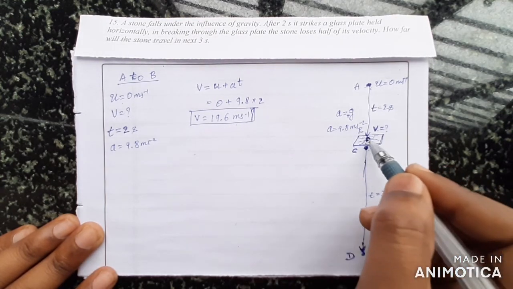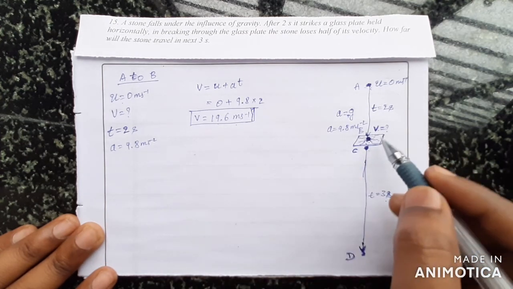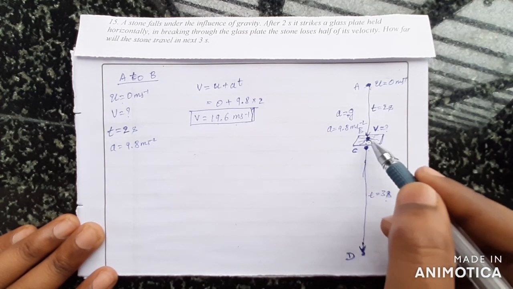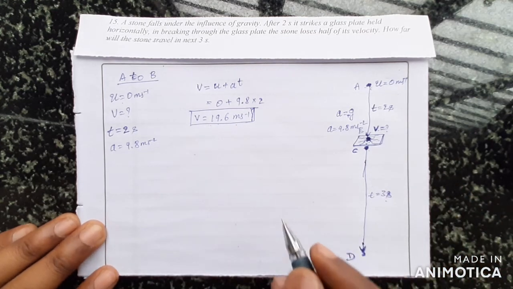At this point, before it falls on the glass plate, it had a velocity of 19.6 meter per second. When it breaks through the glass, half of this velocity is lost.